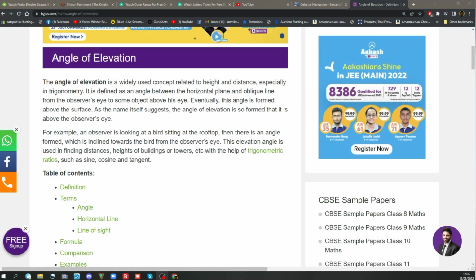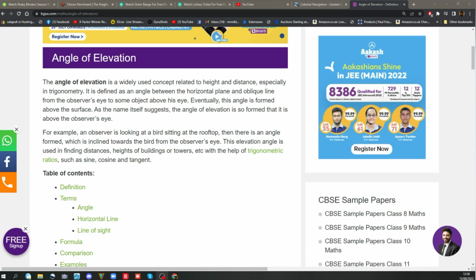Angle of elevation. The angle of elevation is a widely used concept related to height and distance, especially in trigonometry. It is defined as an angle between the horizontal plane and oblique line from the observer's eye to some object above his eye. Eventually, this angle is formed above the surface. As the name itself suggests, the angle of elevation is so formed that it is above the observer's eye.